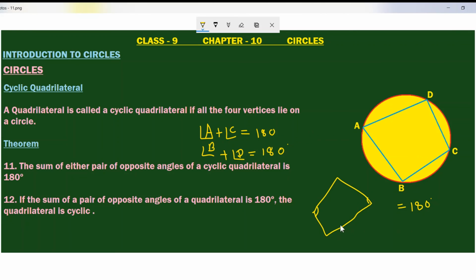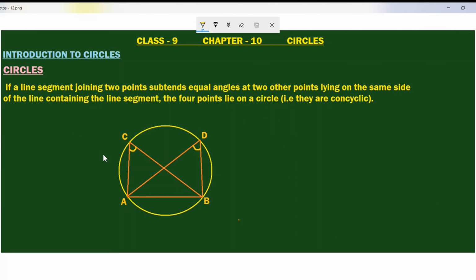Got it? Here we are going to learn about concyclic. What is concyclic? If all the points here A, B, C, D lie on the circumference of the circle, then we can say those 4 points are concyclic.